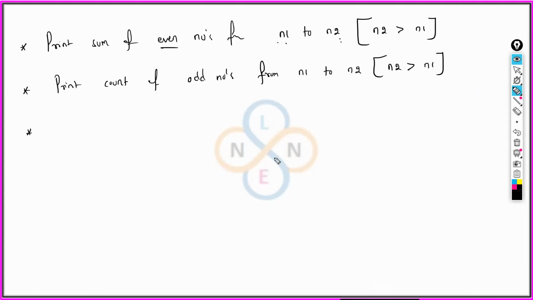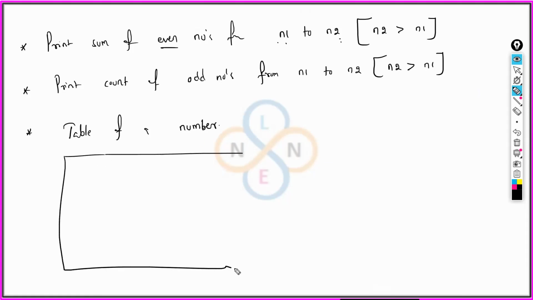And also, I want you to write a program for a table of a number. Analyze it and write. In the console, which is the output window of Eclipse, first you should prompt a statement, enter a number. Then you ask the user to enter the number.